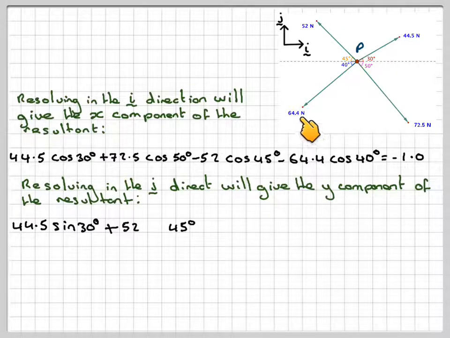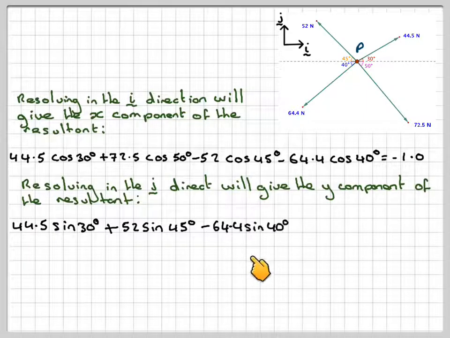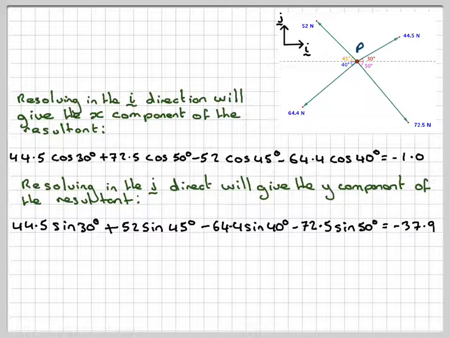Now this one's acting downwards in the opposite direction, so this will be minus 64.4 sine of 40, and then minus 72.5 sine of 50. Now if we work that out on our calculator, correct to 1 decimal place, that would be minus 37.9.